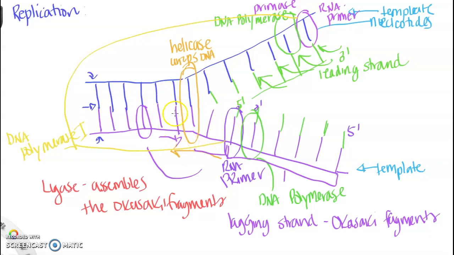So once that's done, we get one strand of DNA here and another strand of DNA here. So this one was made complete. This DNA strand was assembled.